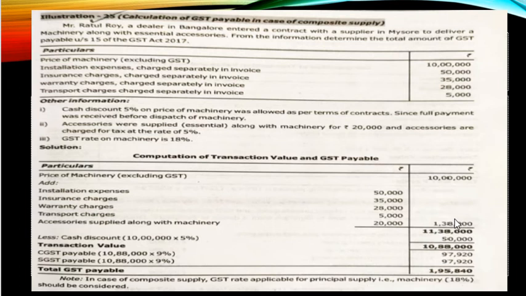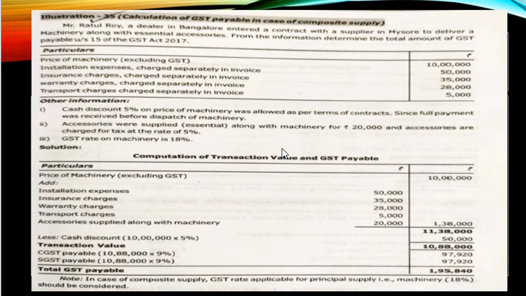So now after minusing the discount, the total invoice value is 10,88,000. On this, GST will be charged. Now, as we know, composite supply is where along with the principal goods, other subsidiary goods will also be supplied. So it is a composite supply. Along with the principal goods, the other goods also will be supplied.